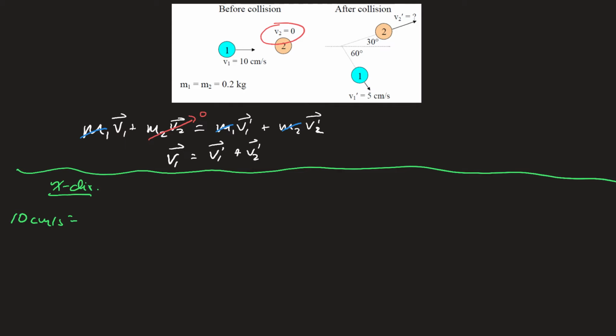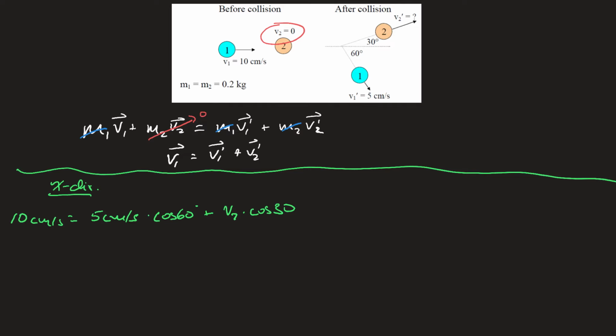And that's equal to the x component of v1 prime. So since there's an angle of 60 degrees below the horizontal, my x component is going to be the velocity times cos 60 plus my v2 prime times cos 30.